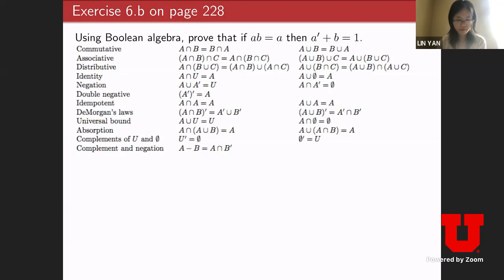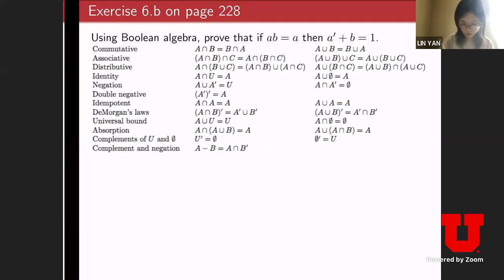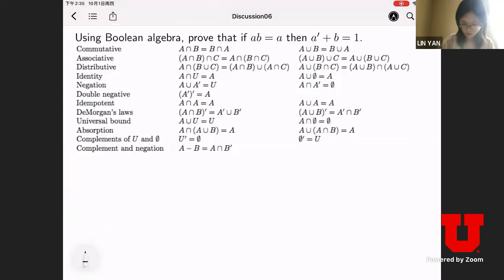Please remember that the rules of set theory are the same as in Boolean algebra. For example, A and B is equal to B and A. So we can still use these equivalence tables to prove the statement.